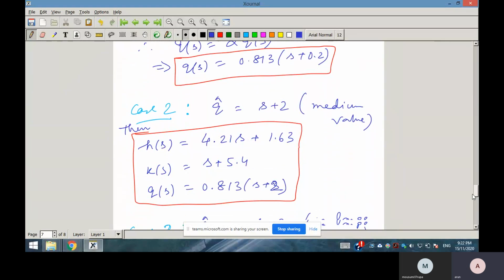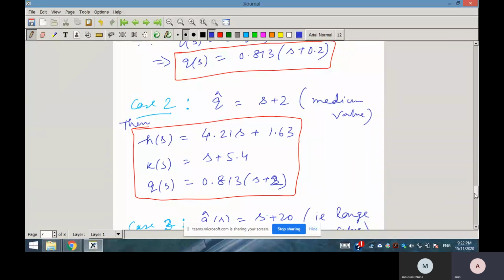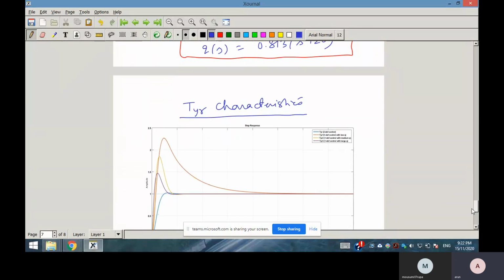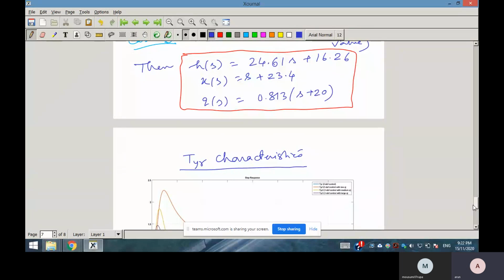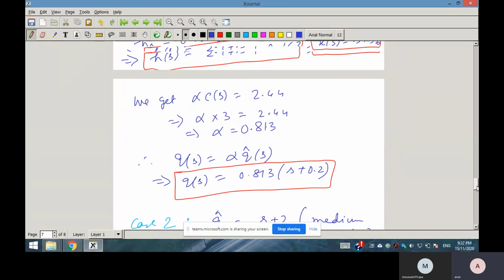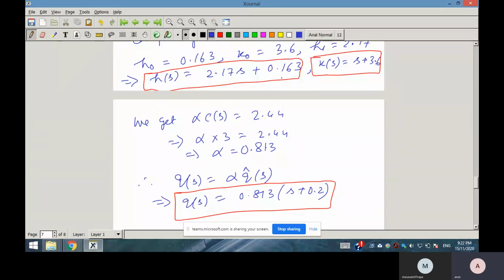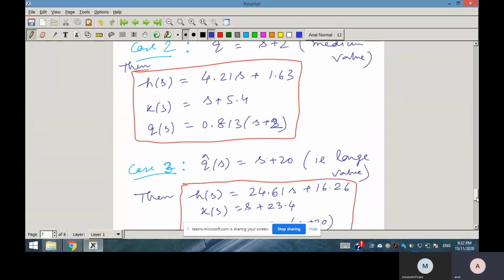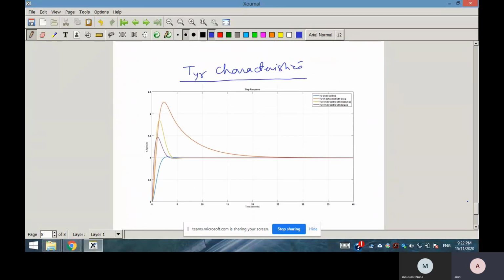Here also the roots of HS are very close to the imaginary axis, and here also. So that means if you reduce QS, the roots of H are becoming closer to the imaginary axis. So that's why it is causing a more peaky response in case of 1 degree of freedom control.